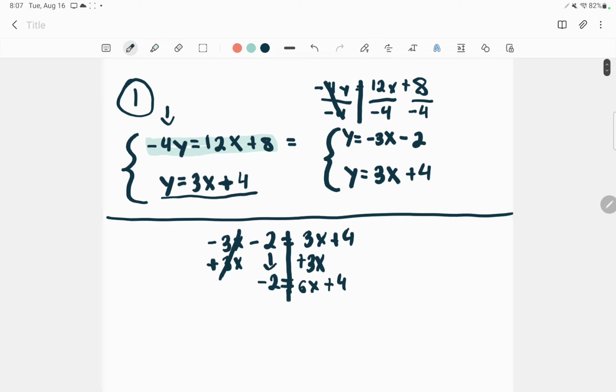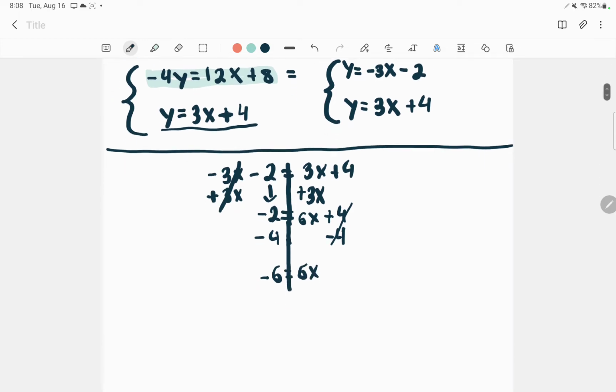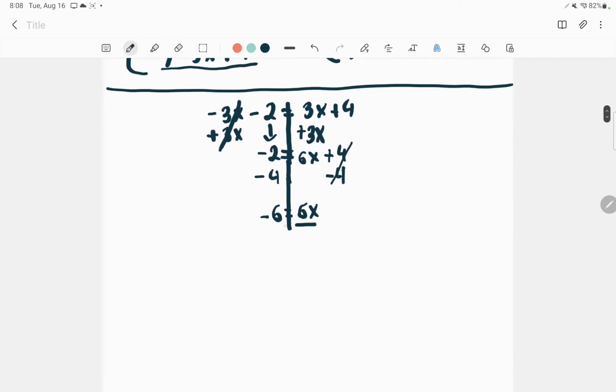Now I'm going to continue going down. I'm going to have to move the 4 to the other side. I'm going to do minus 4, minus 4. 4 cancels over here. And we get negative 6 is equal to 6x. Final step I need to do, I'm going to go ahead and divide by 6 on both sides.